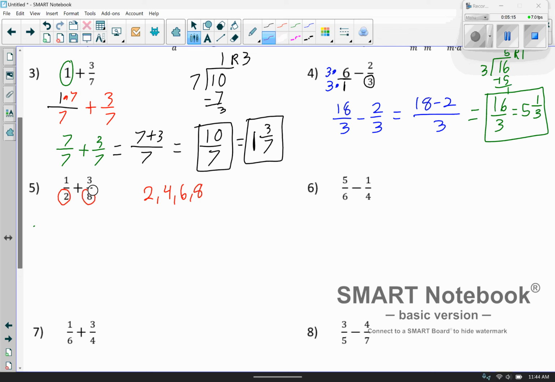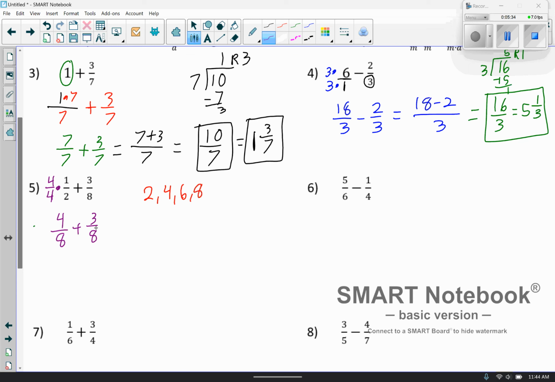So what I'm going to do is I'm going to multiply that first fraction by 4 over 4. And so kind of like what I did on the previous two. And so when I do that, my numerator will become 4, my denominator will become 8, and so now I'll have that common denominator.